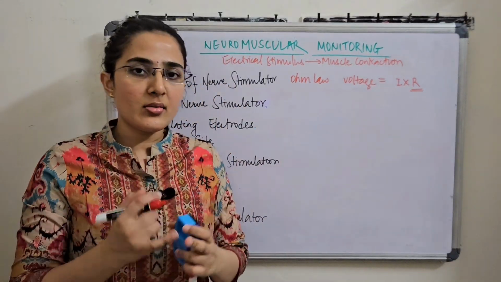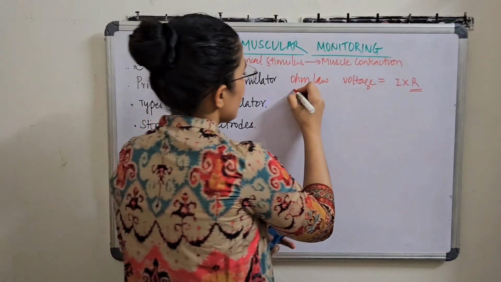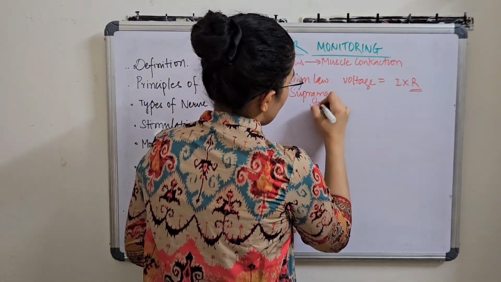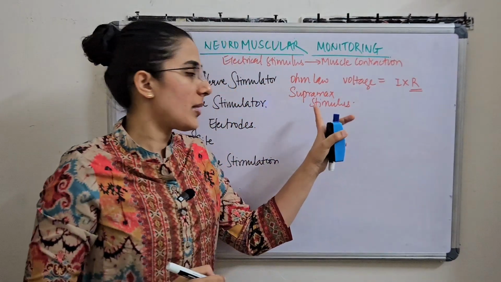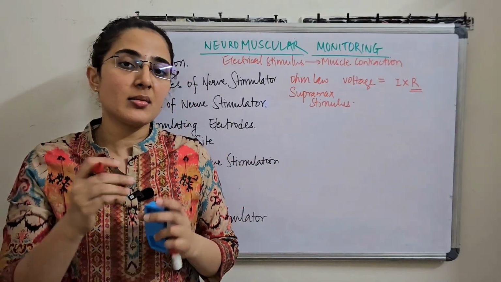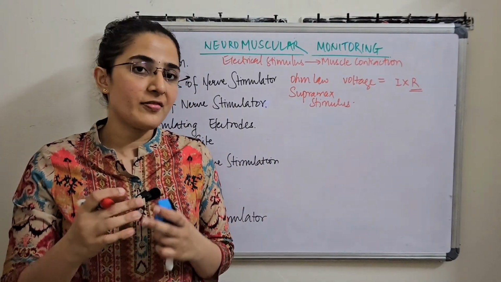Whenever there is a nerve stimulator, certain things have to be kept in mind. First is the supramaximal stimulus. So what is a maximal stimulus? It is the maximum current which causes contraction of all the muscle fibers.